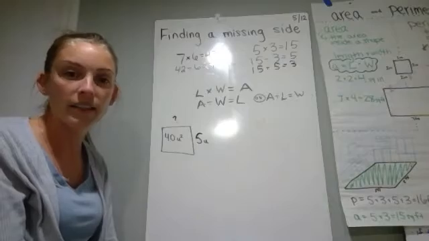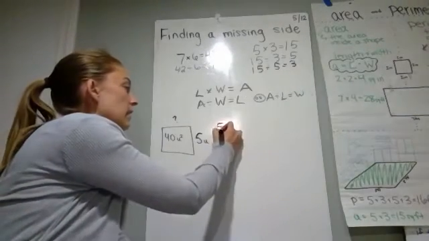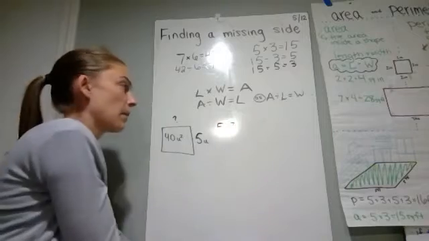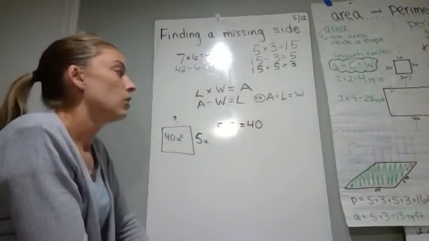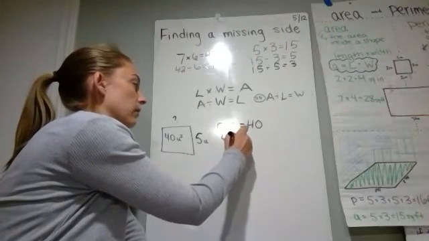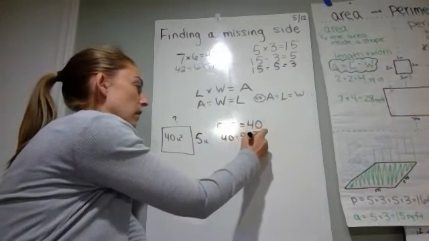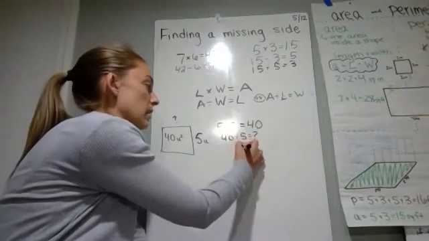How would I find that missing side? Well, if I did 5 times that missing number, I would get 40. So now I can do 40 divided by 5. And that's going to give me this missing number. So what is 40 divided by 5? Well, it's 8.